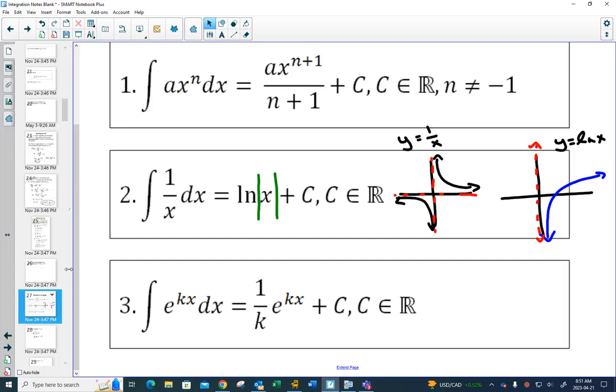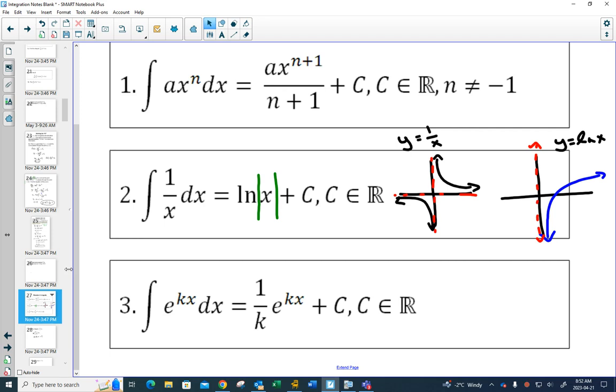But when you get your answer as the natural log, well, the natural log, its domain is just positive values. So if you had a -3 here, and you just wrote it's equal to natural log of -3, you have a problem. Because -3 was in the domain of 1 over x, but not in the domain of the natural log.